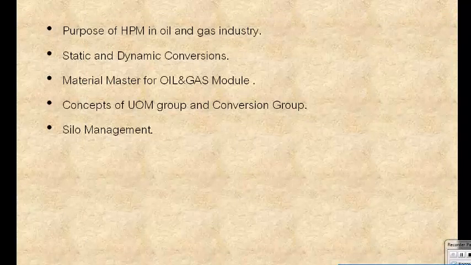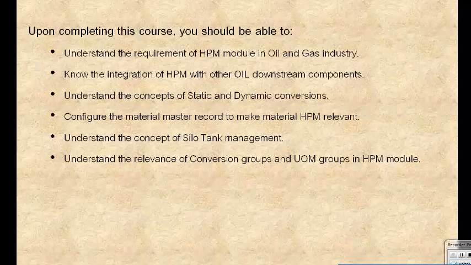As I said earlier, our main objective is to understand how oil products work in SAP, and there are different kinds of conversions involved, and we'll see the material master data because this quantity conversion is for material only. So we should have a different setup in IS-Oil specifically, which is not there in standard R3. And we will cover silo management. Silo is nothing but tank management. We'll be seeing some tanks in the refinery, so for that, how we are going to manage it in terms of SAP.